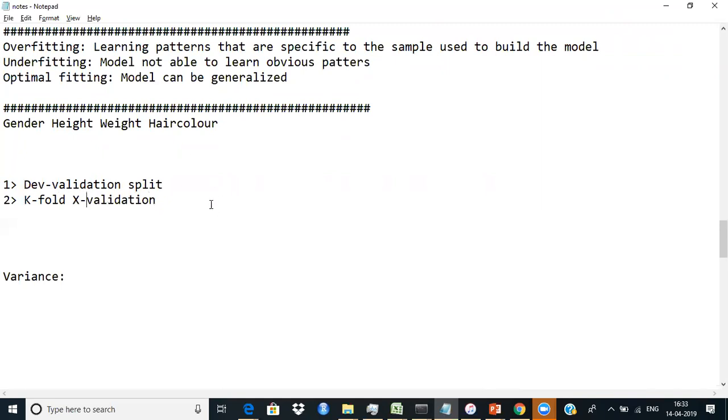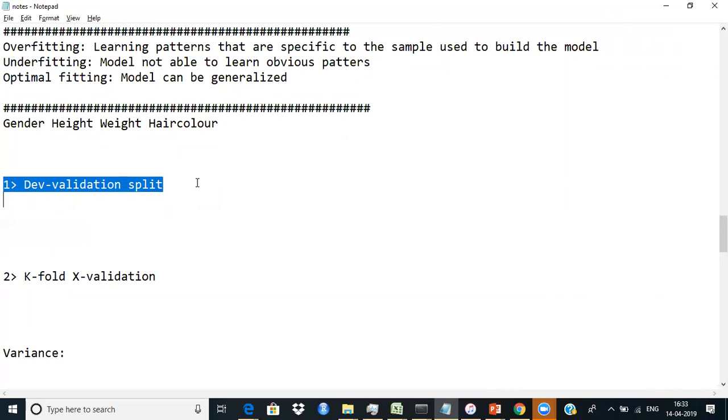Okay, now let's start with development validation split. Now remember, what are we trying to figure out? We are trying to figure out whether our model is overfitting, underfitting, or is it fitting optimally. This is what we are trying to figure out. Now what we do is, when developing the model, if you want to do this development validation split, after you have got the data, you will split the data into two parts.